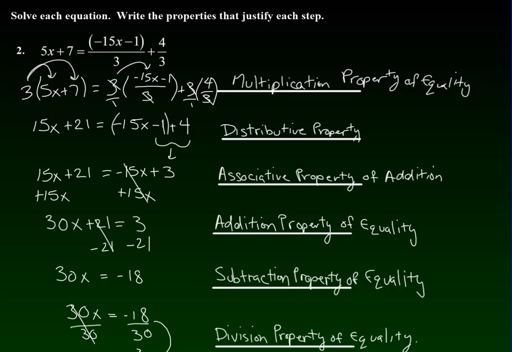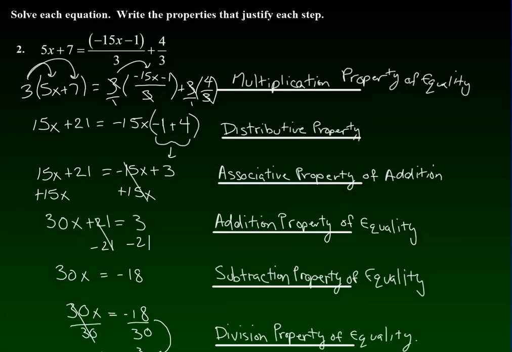And then we can use the associative property to regroup the -1 and the 4. And so then we can take -1 plus 4 and get 3.